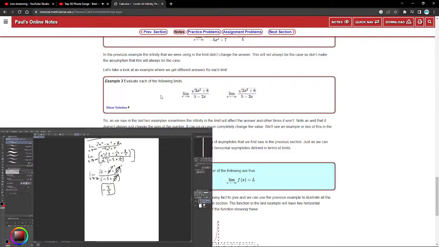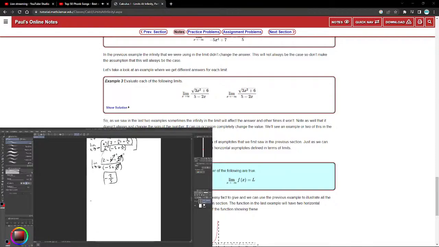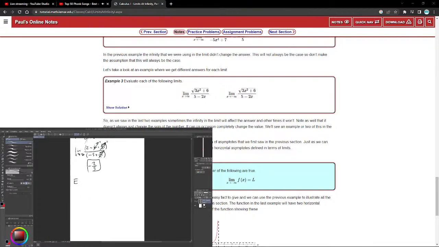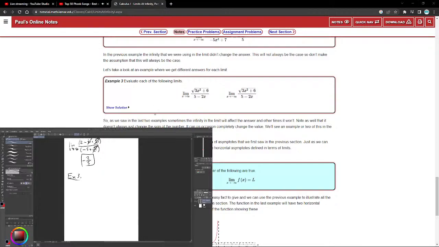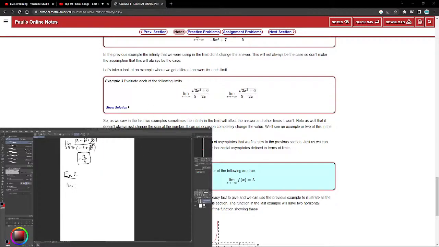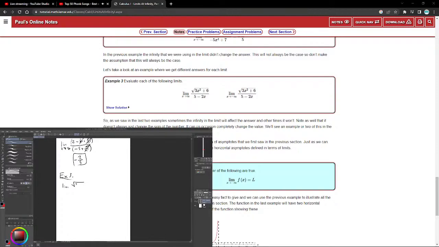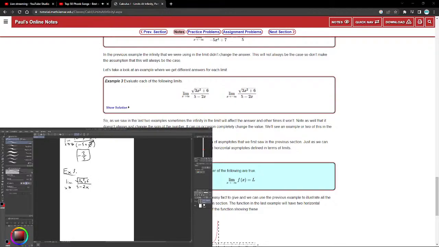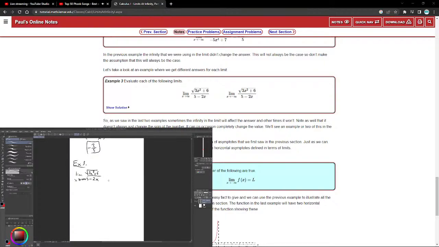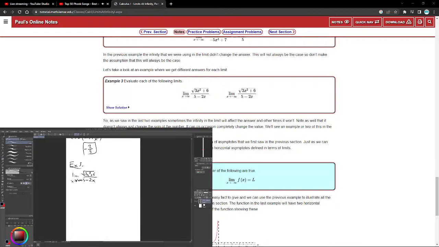Let's take a look at an example where we get different answers for each limit. So the limit of the square root of 3x squared plus x over 5 minus 2x as x approaches infinity. I'm just going to put plus or minus so I don't have to write it twice.